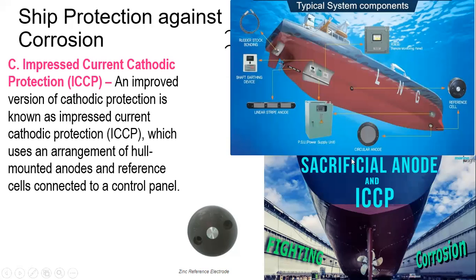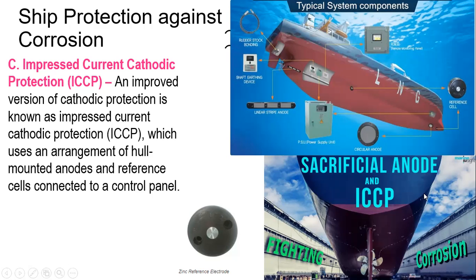Looking on the picture, these are the typical system components. We have the rudder stock bonding, the shaft earthing device, linear strike anodes, PSU or power supply unit, and circular anodes, and then also reference cells. Okay, it's a revised cathodic protection.